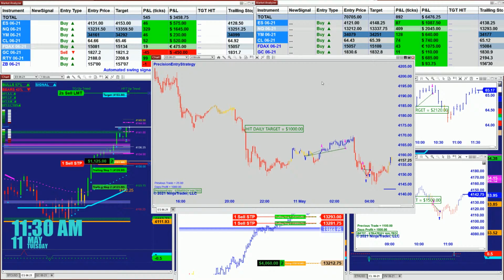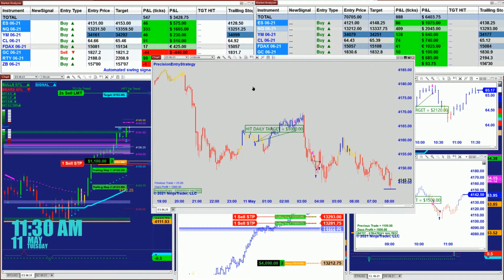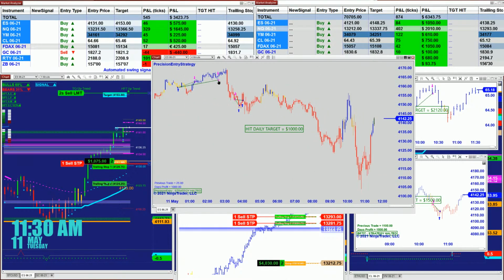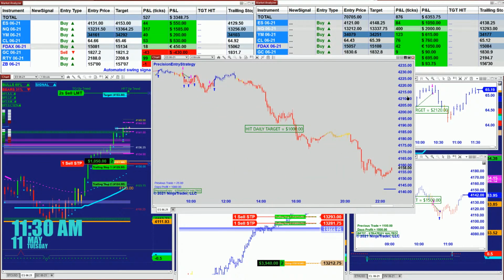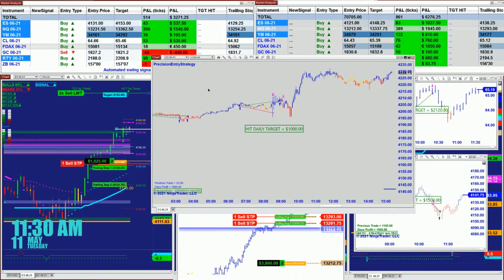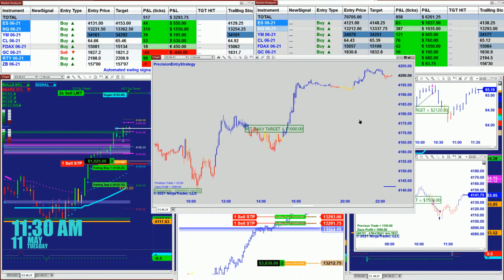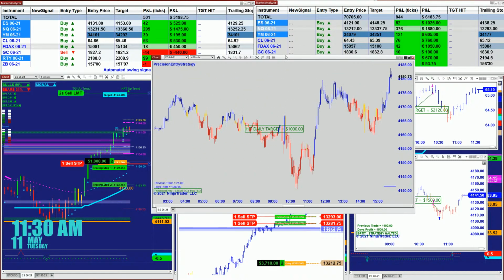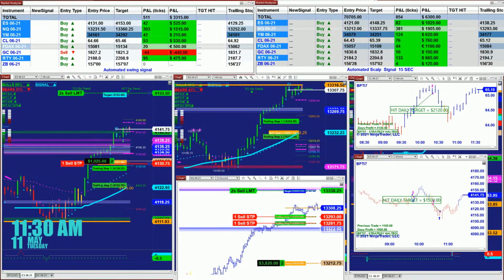It's going both directions. We're going to put the buttons on it. It's a very good auto trade, actually, and we can use range on it as well.